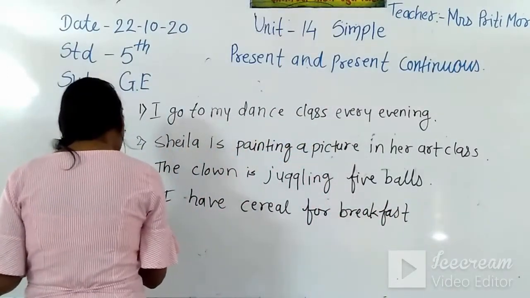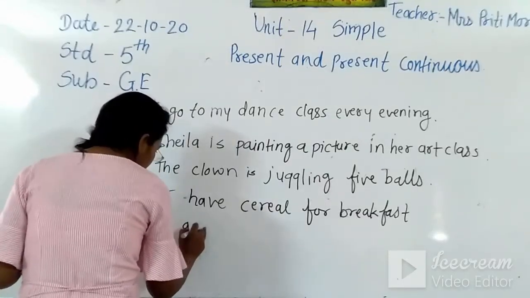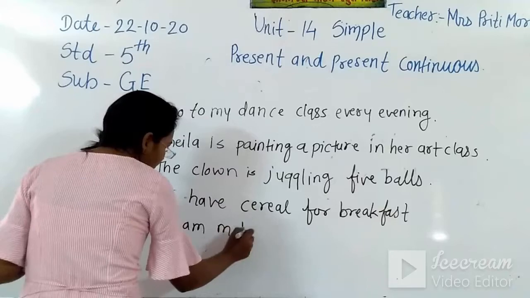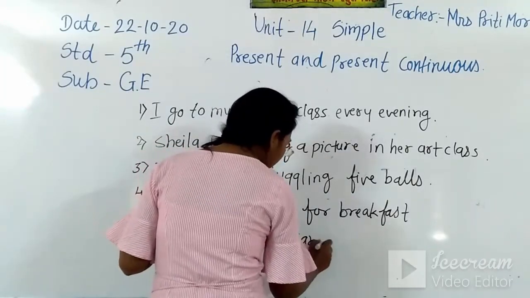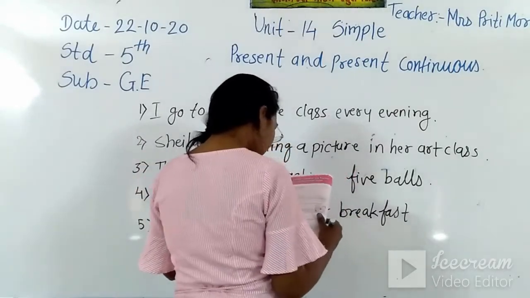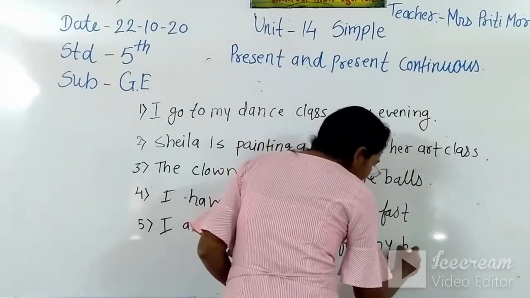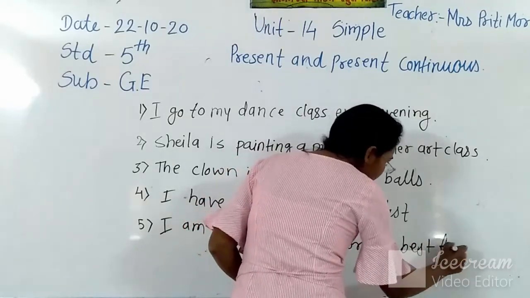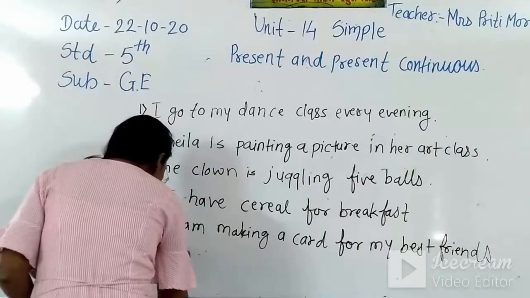Now the fifth one is: I am making a card for my best friend's birthday.